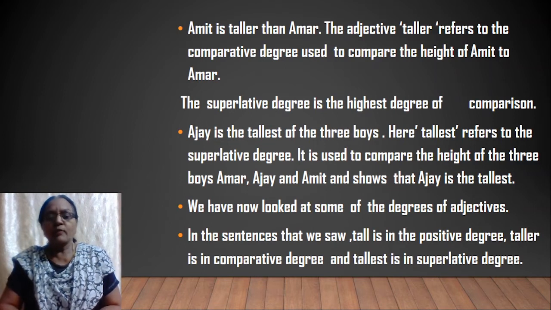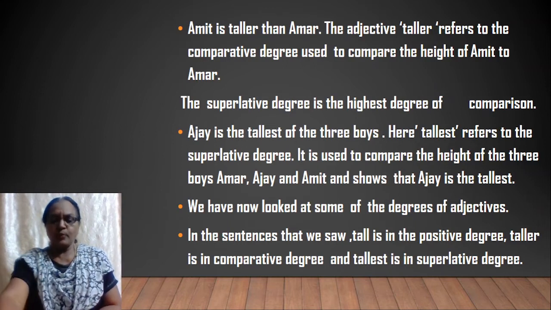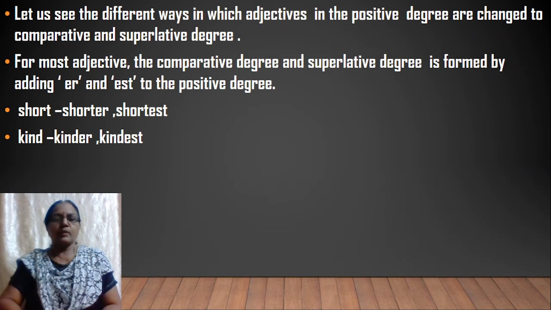Now, we have looked at some of the degrees of adjectives. Looking at the three sentences, we found that the word tall is in the positive degree, taller is in the comparative degree, and tallest is the superlative degree.